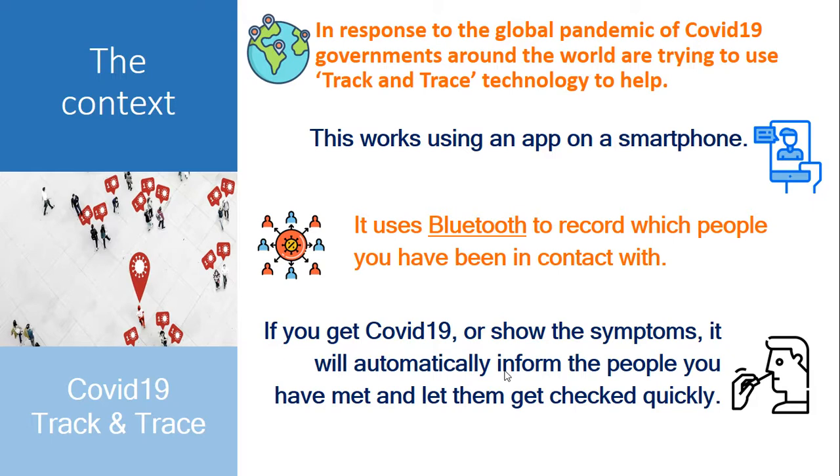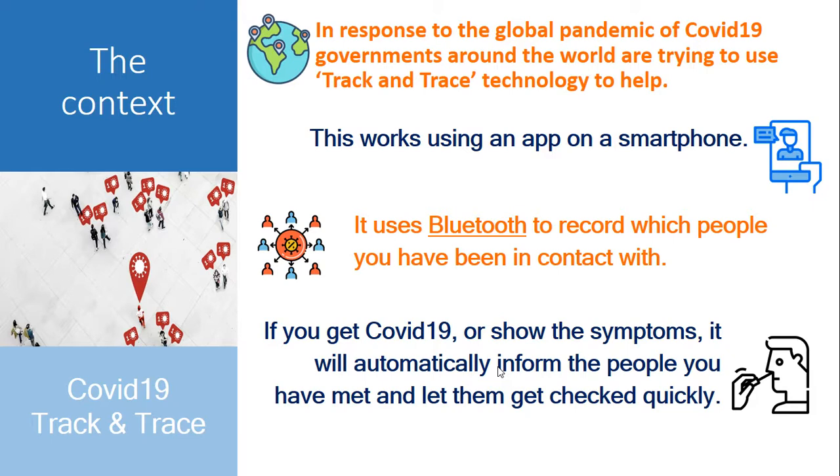What happens is basically, as you walk around, if you spend a significant period of time close to somebody else who has the app on their phone, your two phones will send each other a message just to record that you two have been in close proximity. And therefore, if one of you has the virus, you might have spread it.